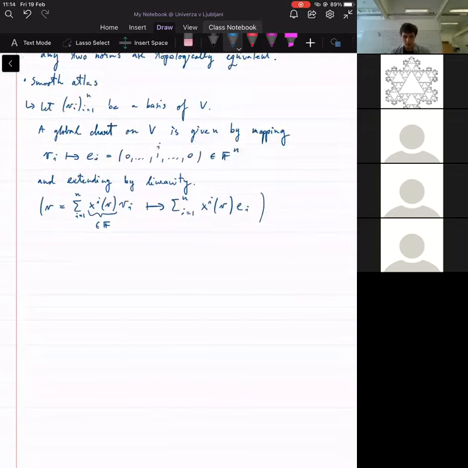So why is this a homeomorphism? Because it's a linear function.